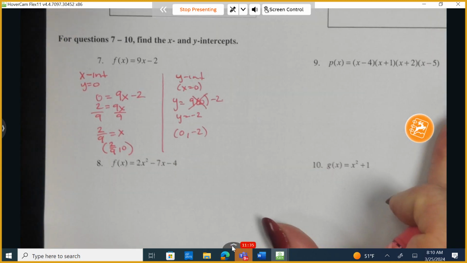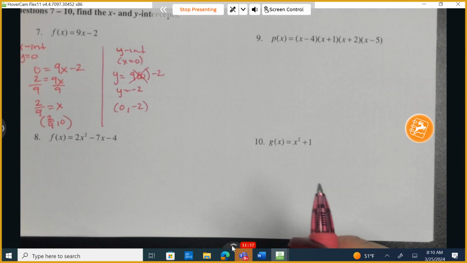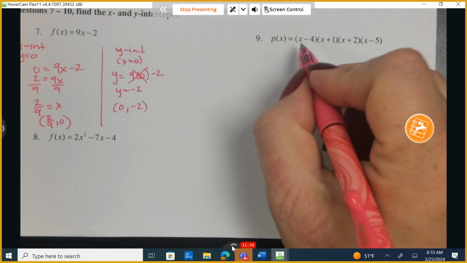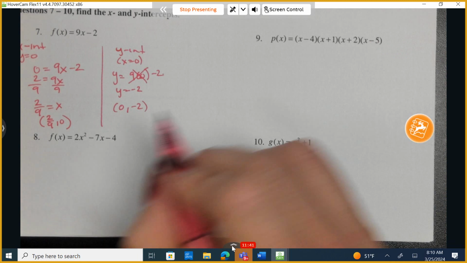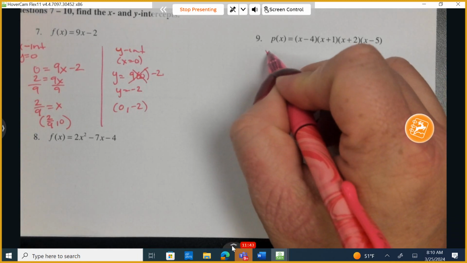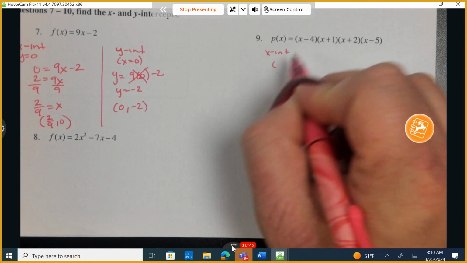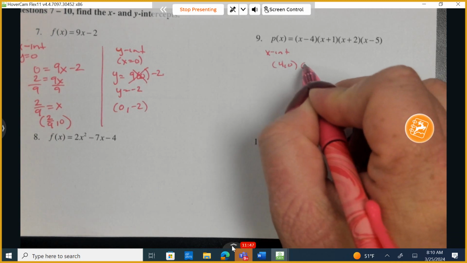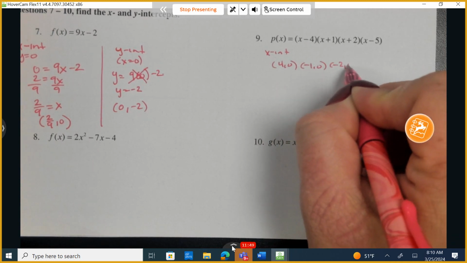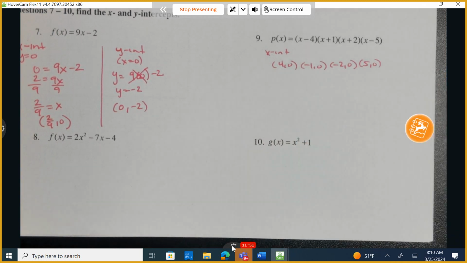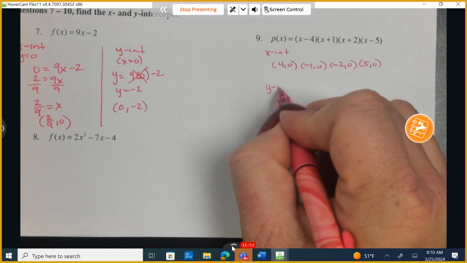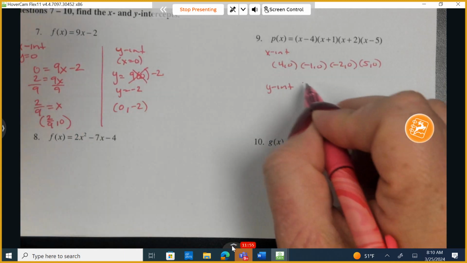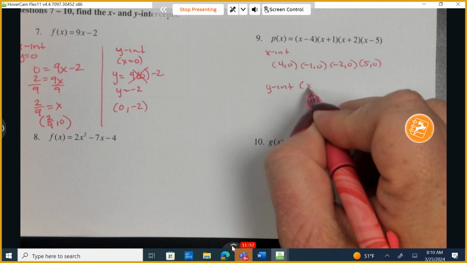Let's look real quick at example number 9 over here. Now, what you know about this form, in factored form, I can easily identify the x-intercepts in this problem as being 4, 0, -1, 0, -2, 0, and 5, 0. It's pretty easy. Now, how do we identify the y-intercept? Just like we did in the previous example, x is equal to 0.